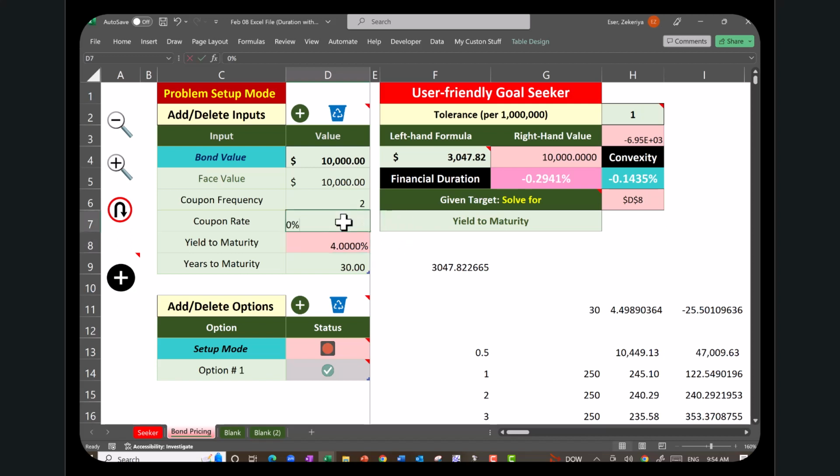At a coupon rate of 5, it's higher. So if you have a 0 coupon bond, the need to adjust your hedge is not as big compared to a bond with a coupon, right?